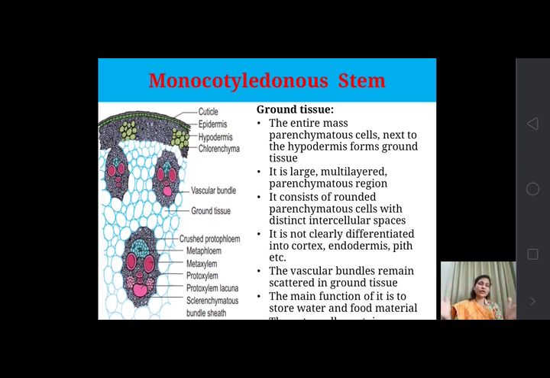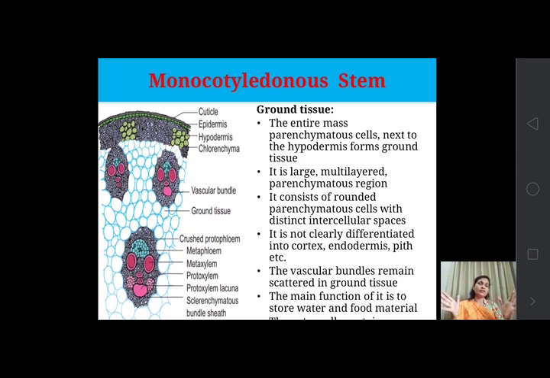But here there is no demarcation line of the endodermis, there is no pith. That's why the cortex is continuous up to the center. There is no demarcation line between the cortex and the stele region.